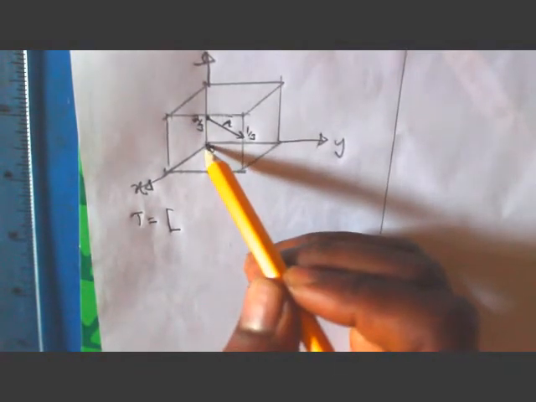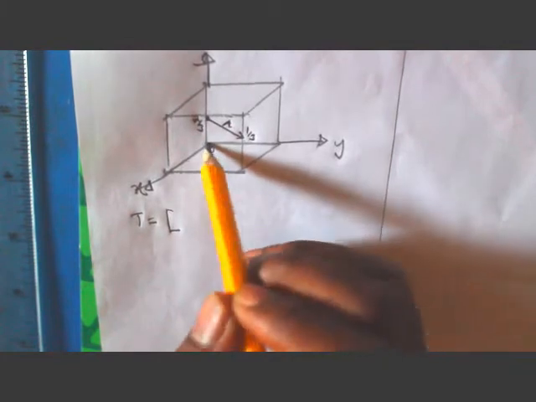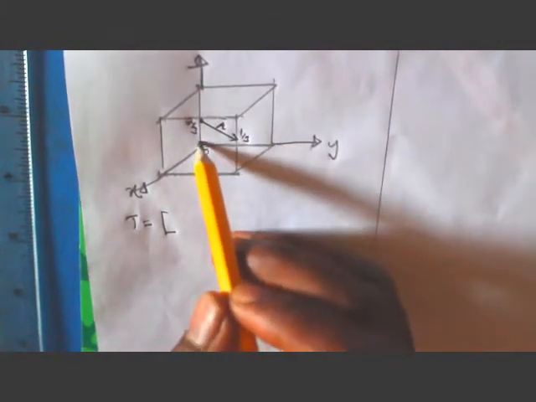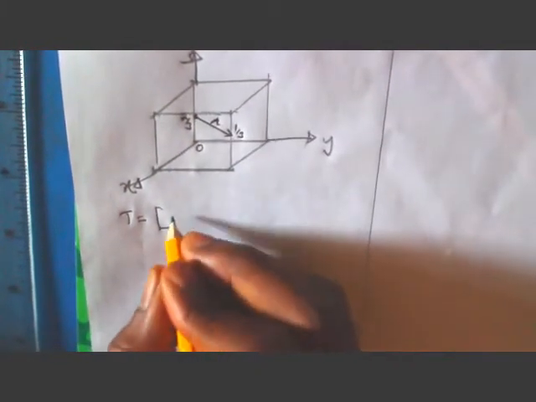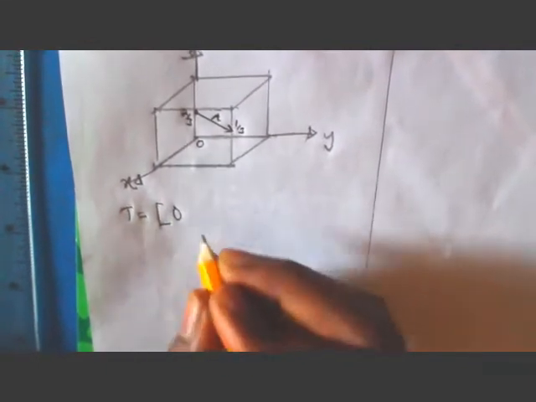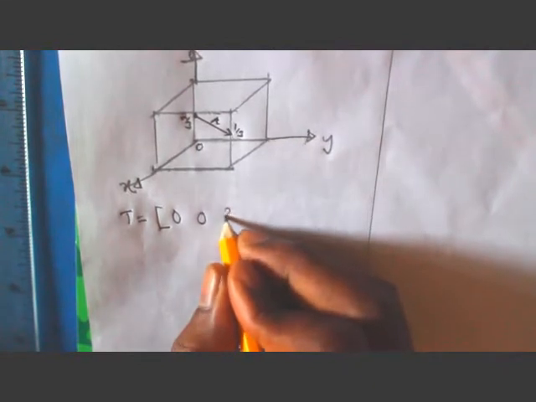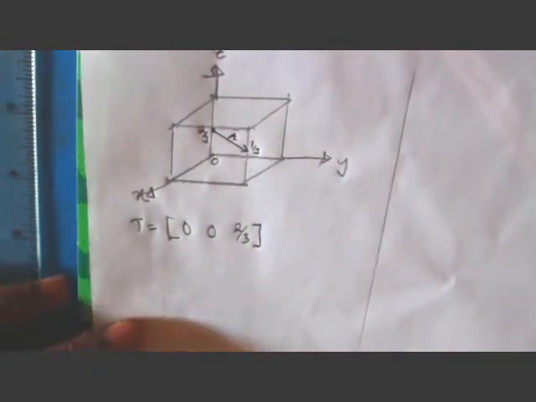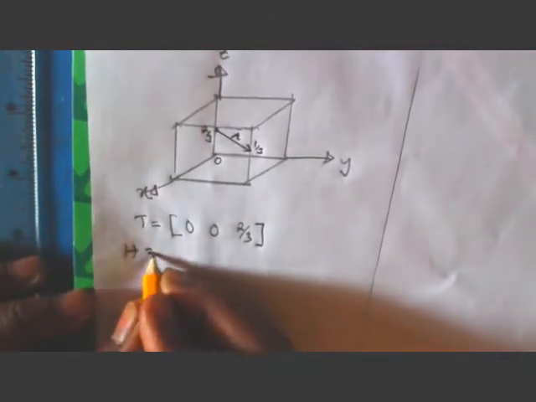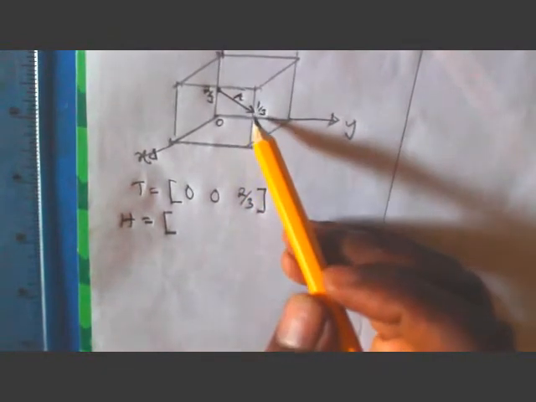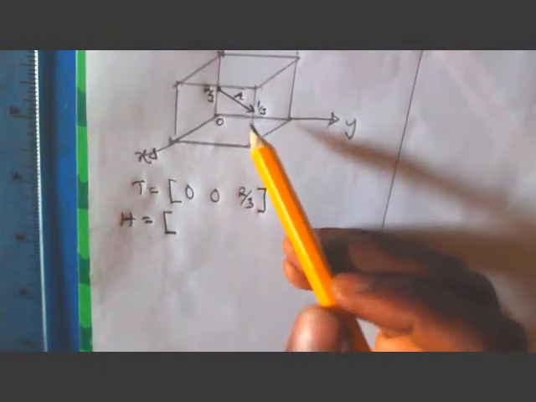For X it is 0, for Y it is 0, and Z goes 2/3. Therefore X is 0, Y is 0, and Z is 2/3. Now the direction of the head. This is our head.